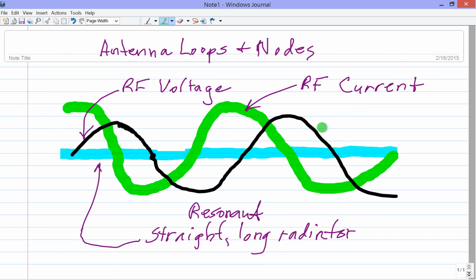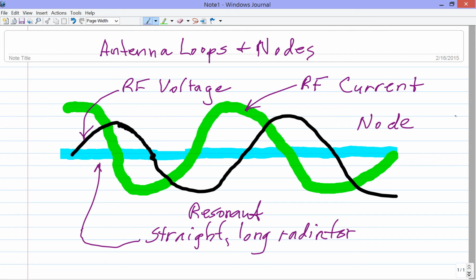Notice that everywhere there is a current maximum, there is a voltage minimum, and everywhere there is a current minimum, there is a voltage maximum. So what we call a voltage or current minimum, in this case a voltage minimum, in this case a current minimum, we call that a node.